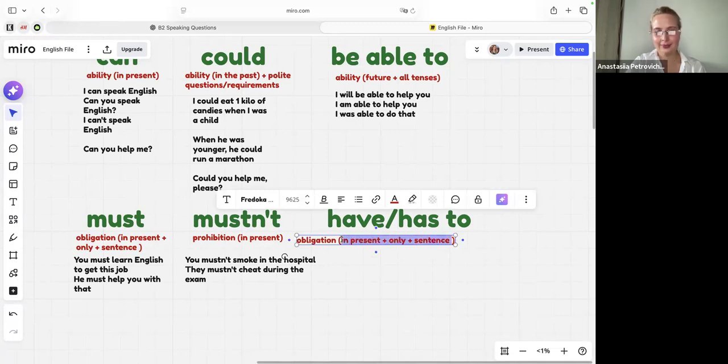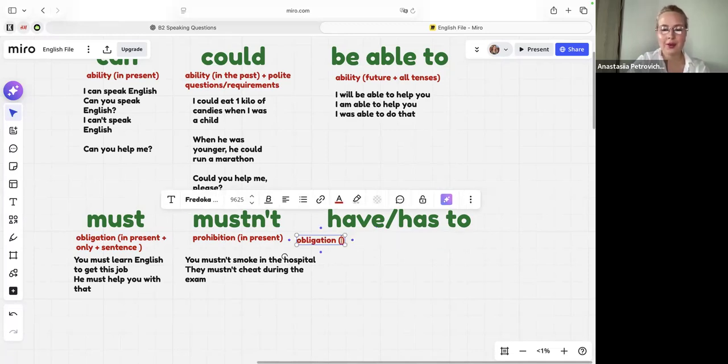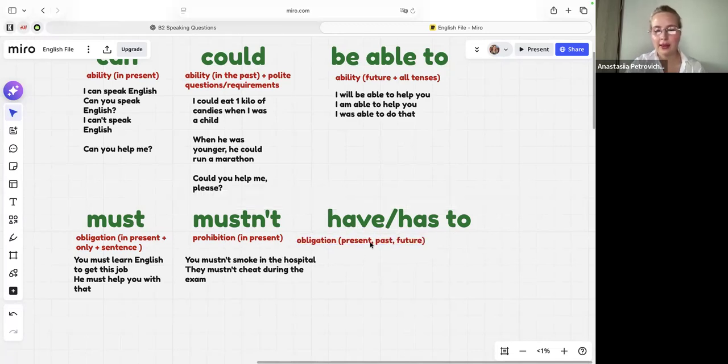But it can be used in present, past, and future. So this is up to you. In some grammar books for higher levels, for teachers, they can say that must is when you decide that you must do something. This is your inner desire.